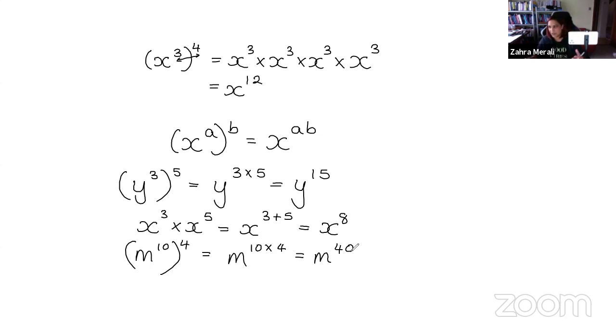So now we're going to challenge ourselves a bit, and we've got some weird rules, and these are the 0 and negative indices. So let's have a look at the 0 index. So anything at all to the power of 0 is always 1. So if we've got 3 to the power of 0, we're going to get 1.